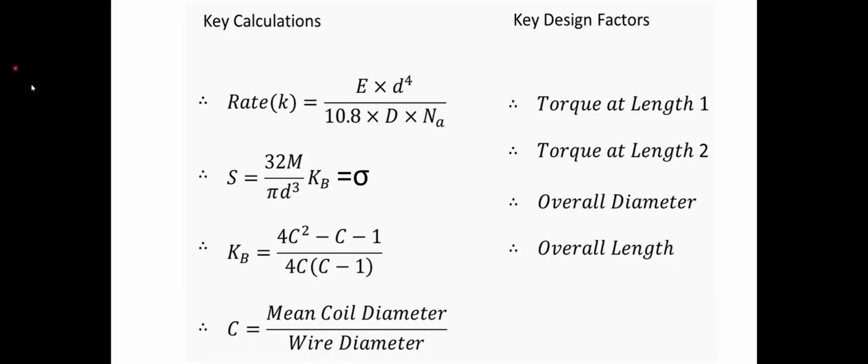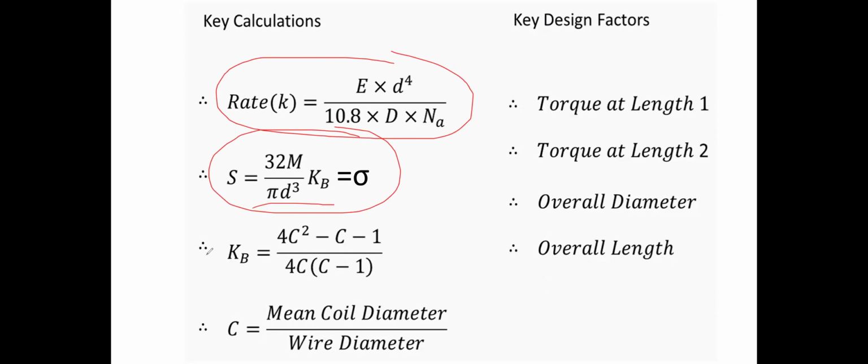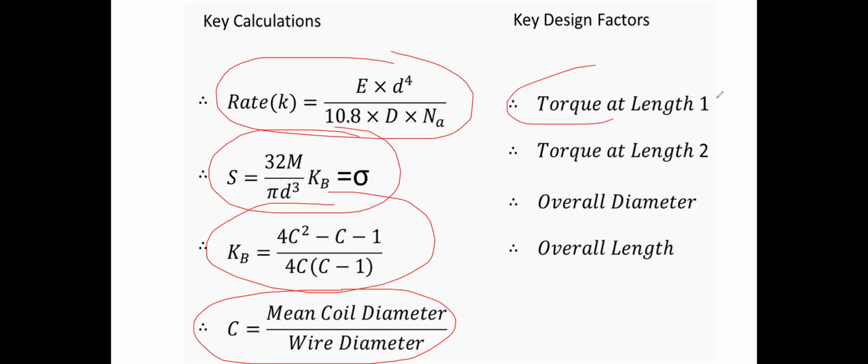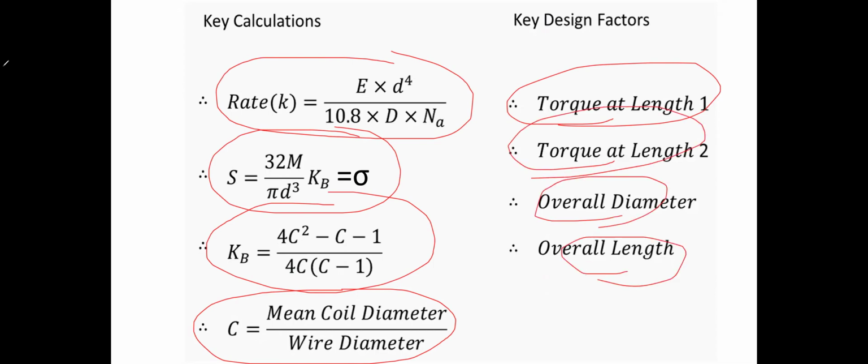So there are some parameters that we can calculate: first the spring rate, the bending stress, the correction factor, and the spring index. For the design of the torsion spring, the key design parameters are the lengths, the diameter, and the length.